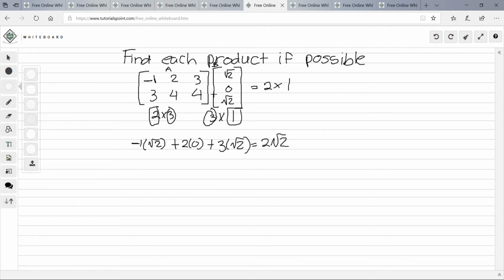Now I'm going to multiply this row by this column. So this is going to be 3 times square root of 2 plus 4 times 0 plus 4 times square root of 2. If you add all that up, that's going to give us 7 square root of 2. Now we have to make it a 2 by 1 matrix. A 2 by 1 is 2 rows and 1 column.